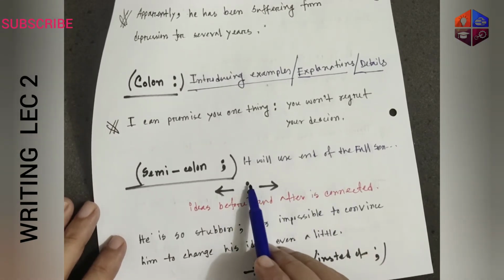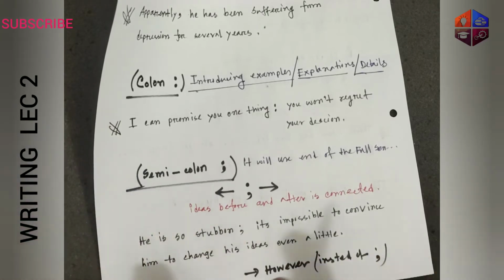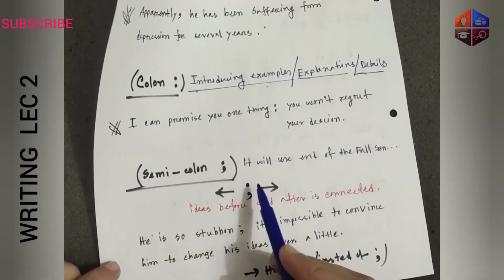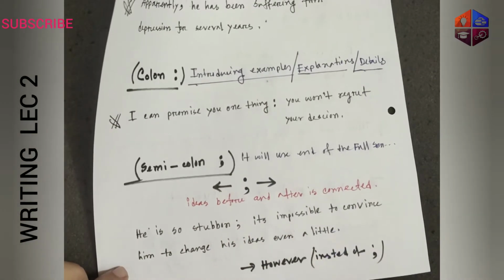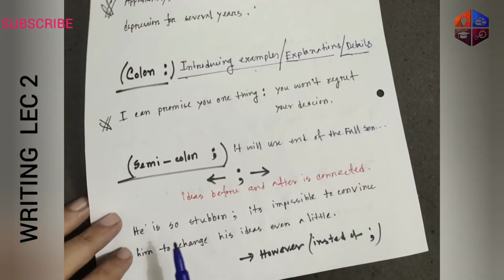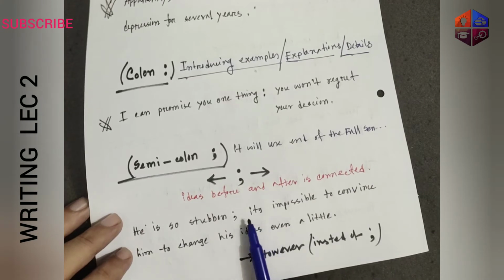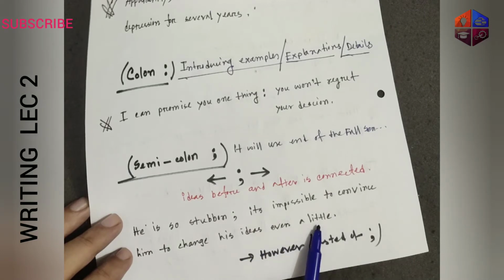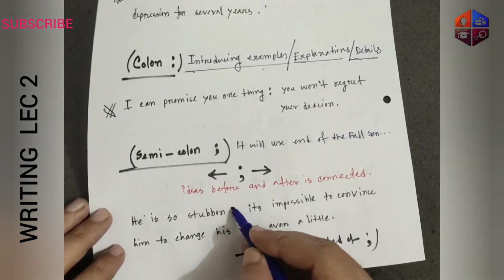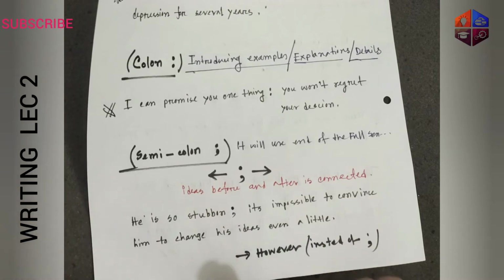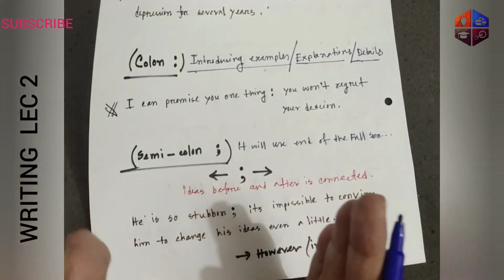That means with a semicolon, the two ideas are connected by using this sign. Now look at the example. He is so stubborn; it's impossible to convince him to change his idea even a little. This sign completes the two ideas. It actually joins the two sentences.